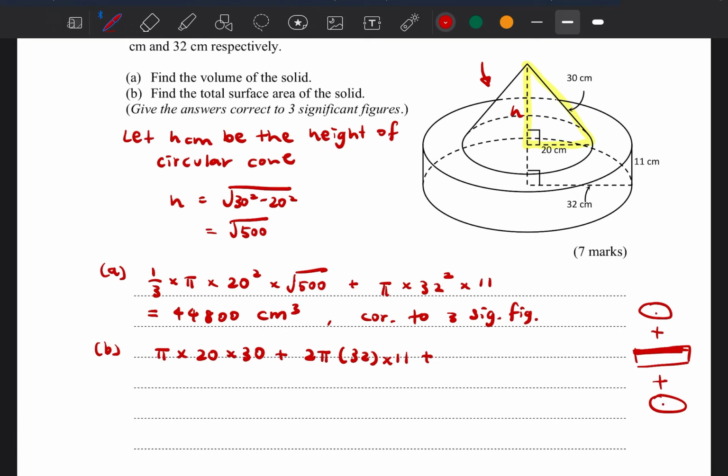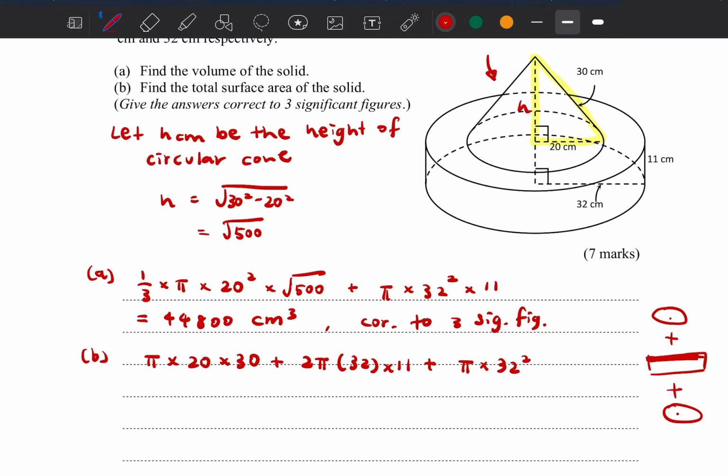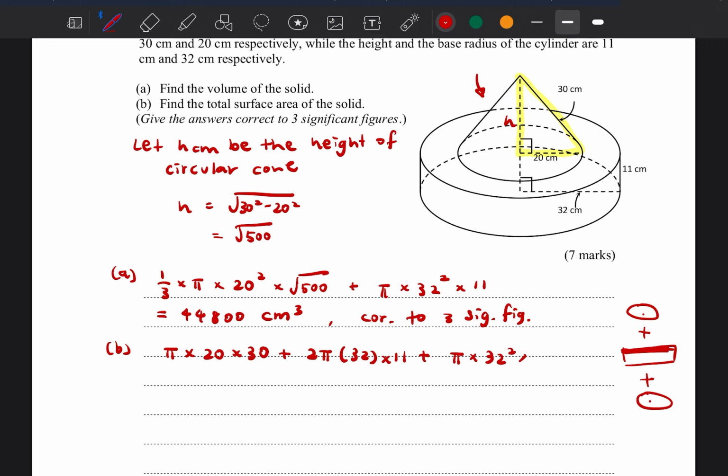times the height. And then don't forget you got a base and the top. The base and the top is just pi r squared, and you times 2 for the top and base. But just now I said this part is overlapped with the cone and it's not part of your surface area, because for total surface area we're talking about the area that touches the air.